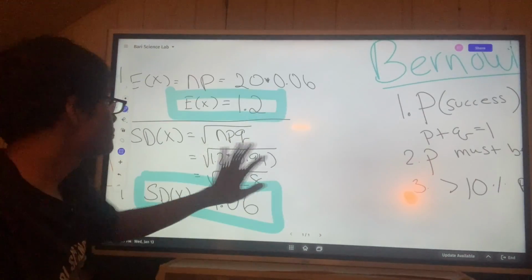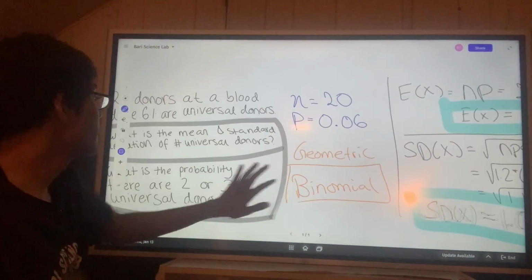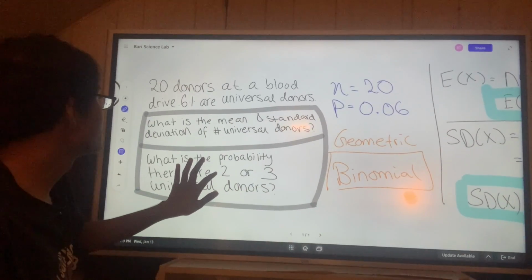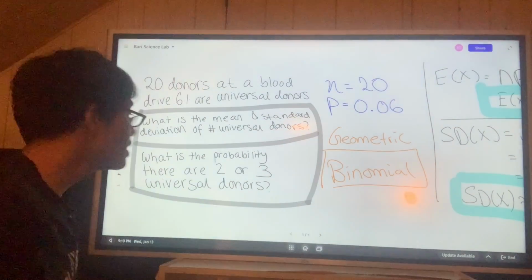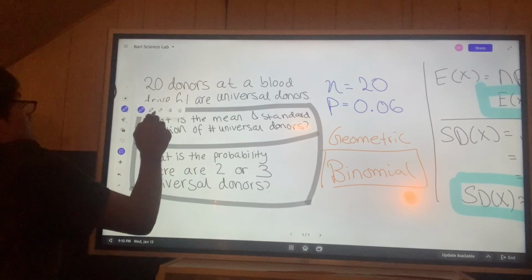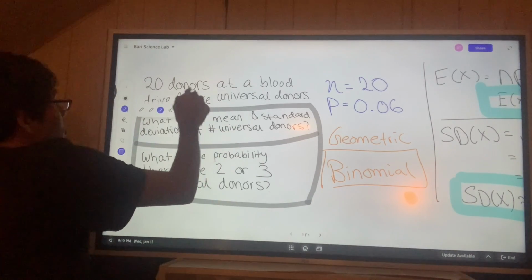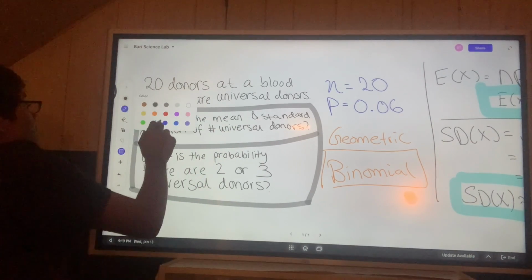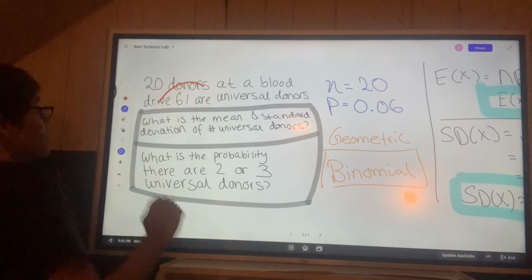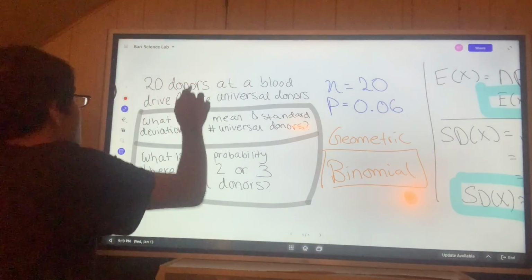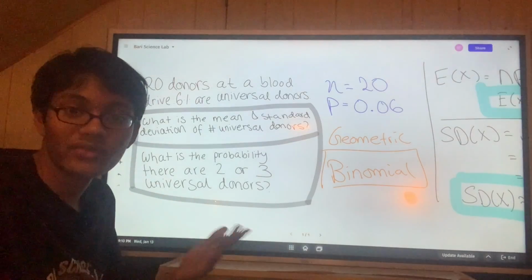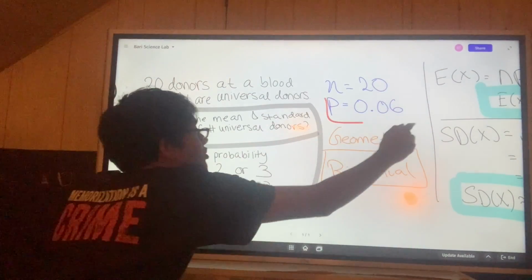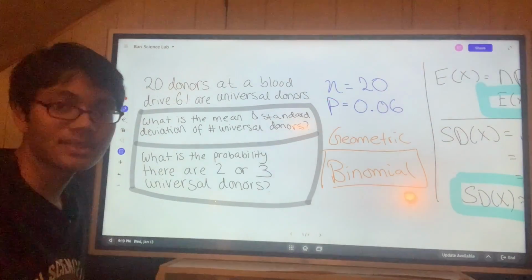Okay, so does our problem match up with those conditions, with those restrictions? Well, yes, it does, because the probability of success, which is what? The probability of success always remains constant. Do you see that? 0.6% is always constant, right? It never changes, right? Our probability of success always is constant.